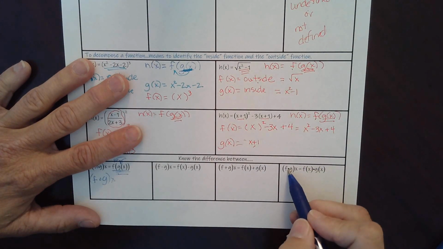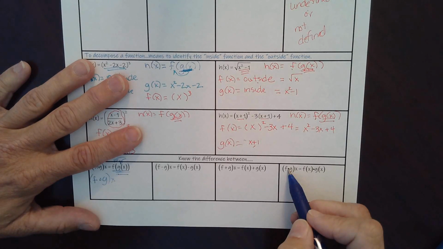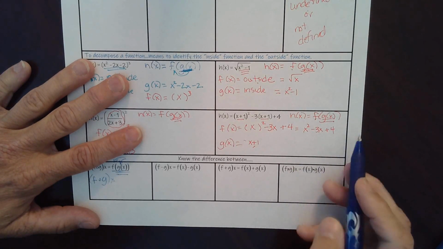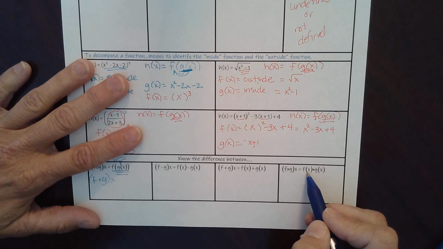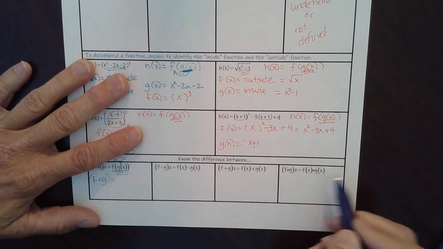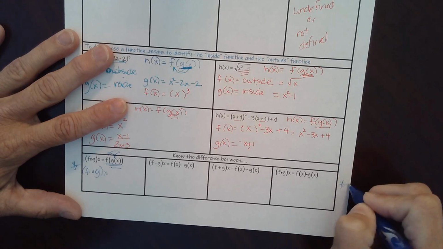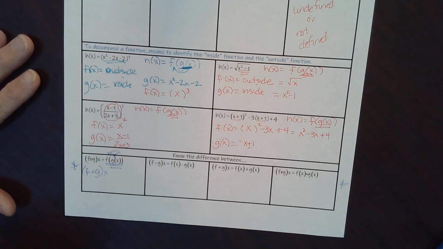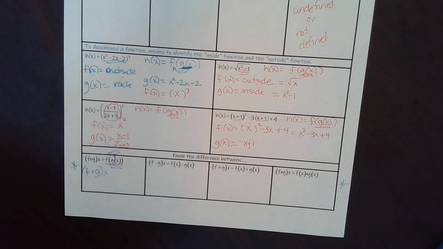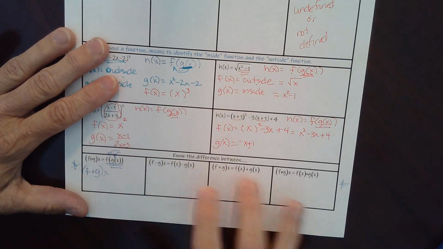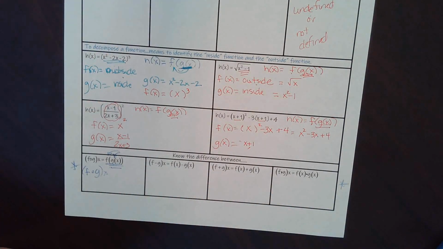And then the closed dot here means multiplication. Take the f of x function and multiply it by the g of x function. These are some things that you got to be aware of and be familiar with. Even with ACT stuff, you'll see these notations and you'll have to know what they mean.